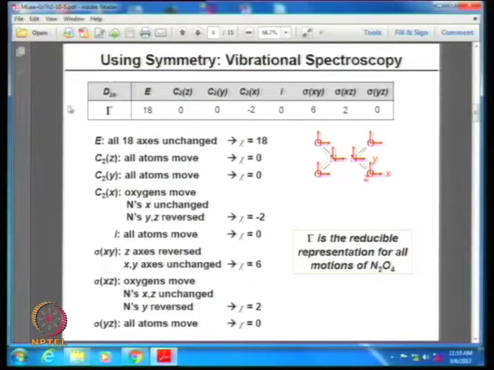So if we want the bulk representation gamma, with the identity containing 18 elements, as many as there are axes for each of the atoms, then the characters are computed for each class of motions. So for example, you take C2, which is the 180-degree rotation around the z axis, and ask what happens under that to z.